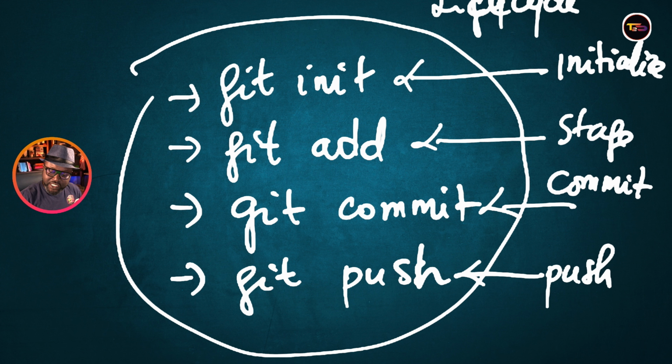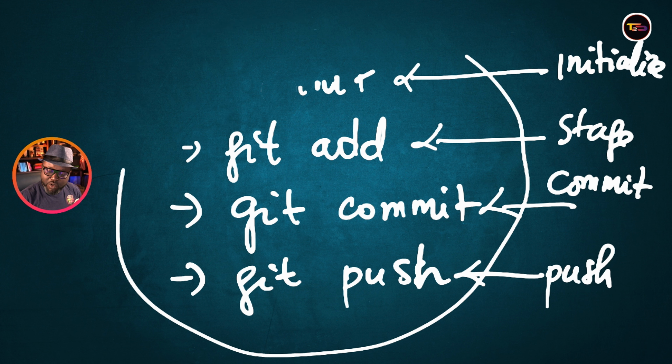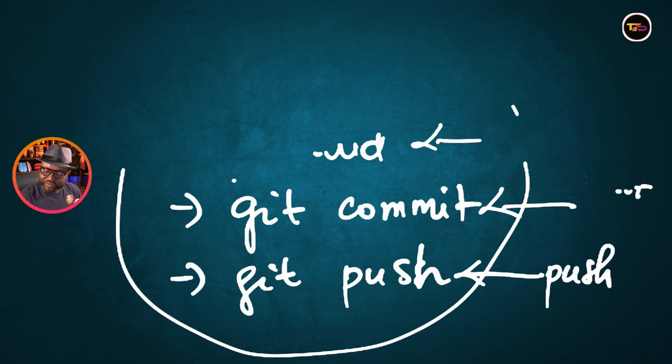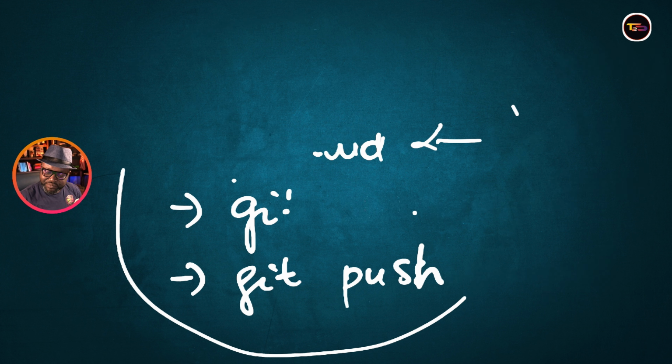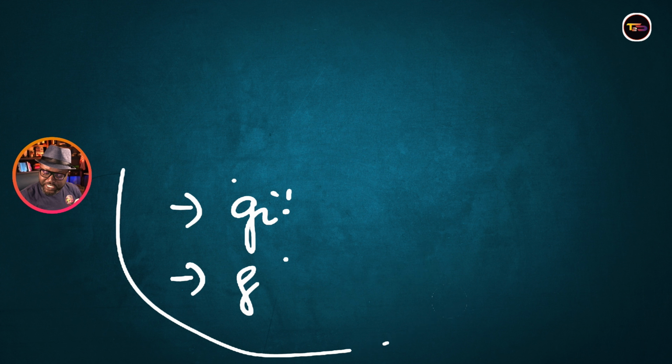Very important for collaboration and also for versioning. When you do git add, you're telling Git to begin tracking your repository that you have on your local machine.